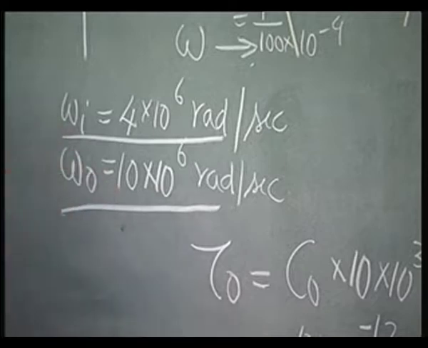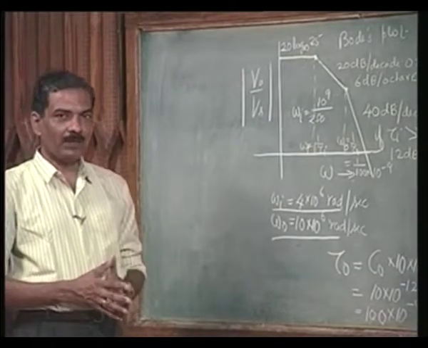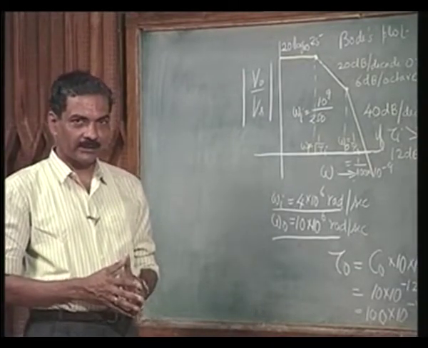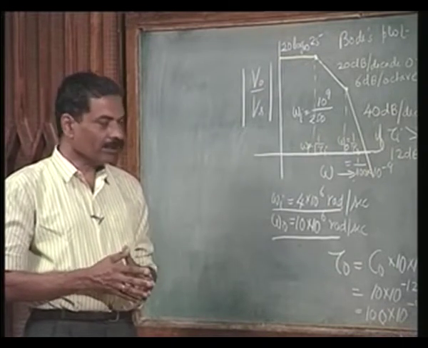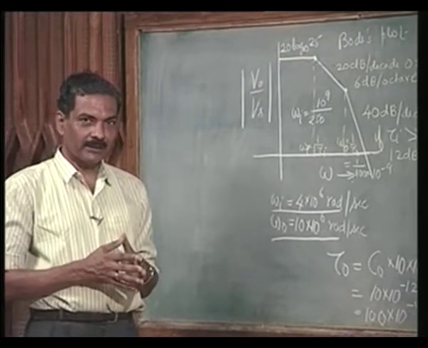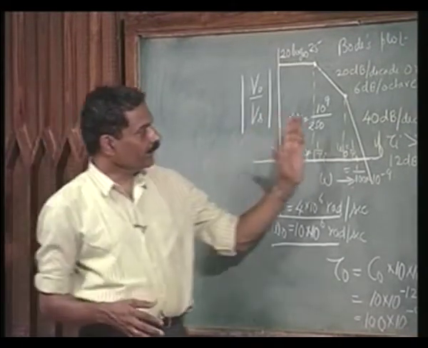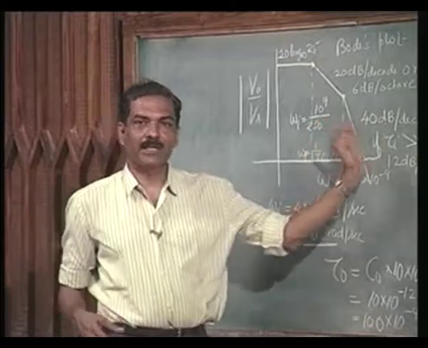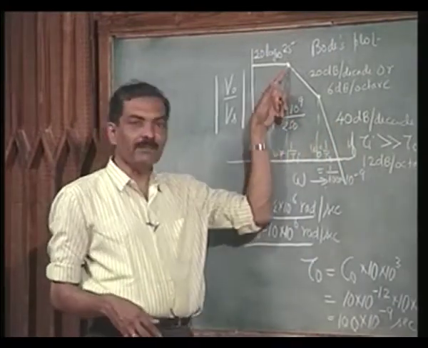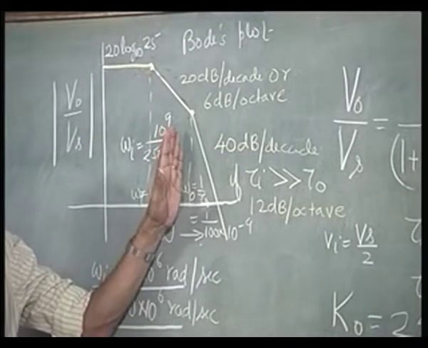So, suppose I ask you to determine the upper cutoff frequency of this. The upper 3 dB frequency, I told you clearly, if this corner frequency is far away from the other, then this itself is the upper cutoff frequency, because the other does not influence it.